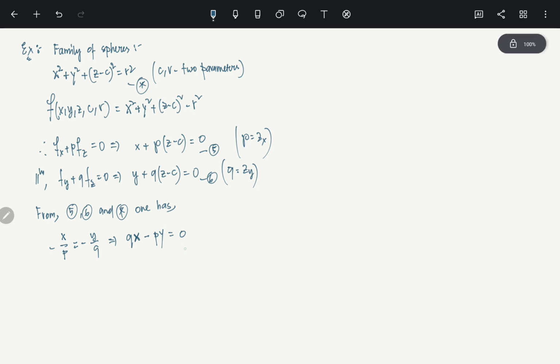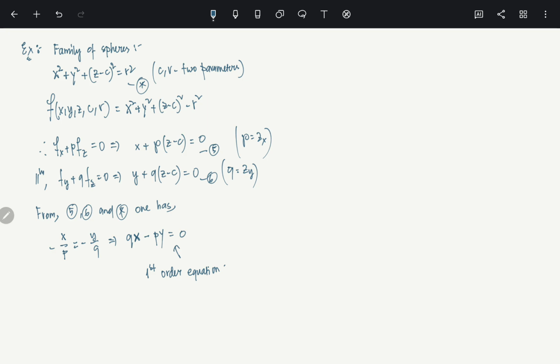You see, this is a first order equation. This is how you construct a first order equation. I hope you understood what's happening here. If I'm given a family of surfaces, in this case a sphere, by writing it as a small f of some variables, we differentiate with respect to x and y.